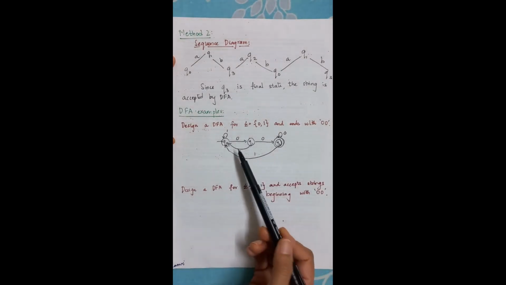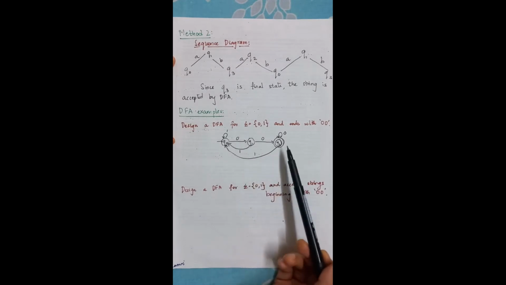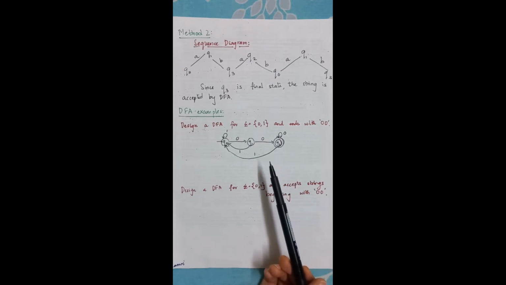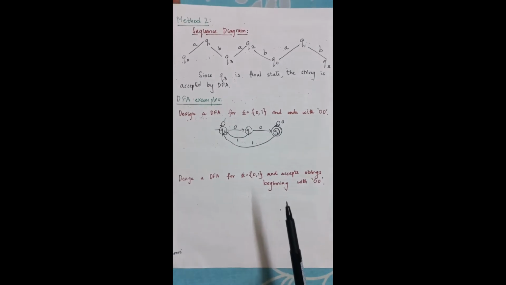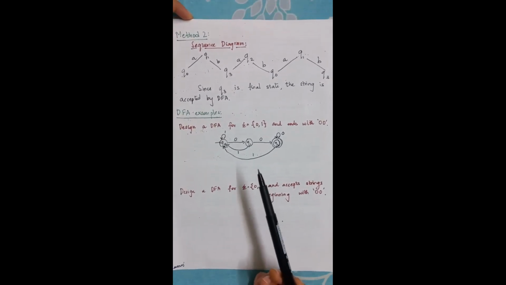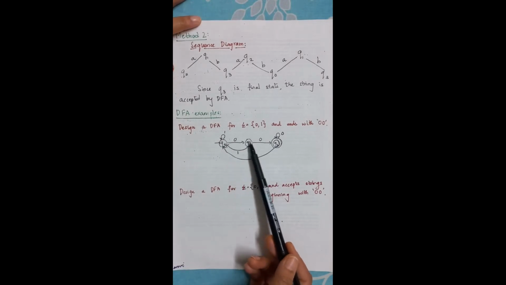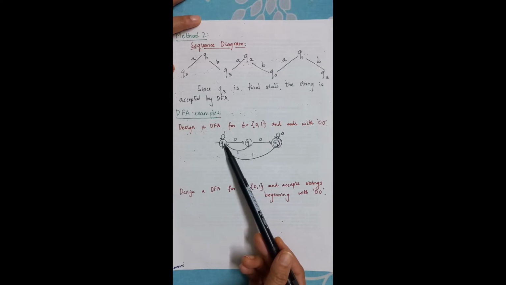The aim here is that if the string ends with 0, 0, I will finally reach state Q2, and then the DFA is going to accept the string. But consider if I have 0, 1, 0, 1, then 0, 1, 0, 1, I will still be on Q0.